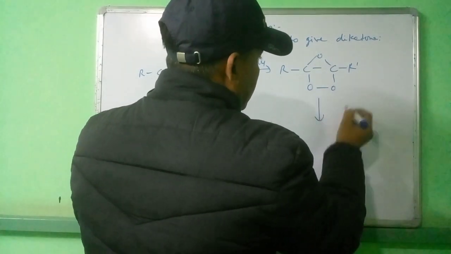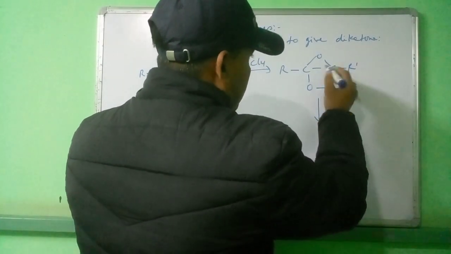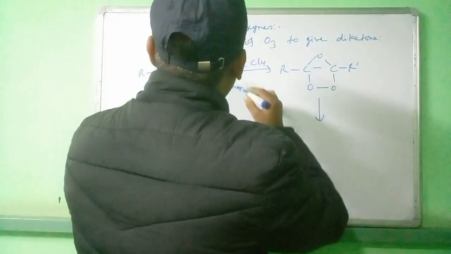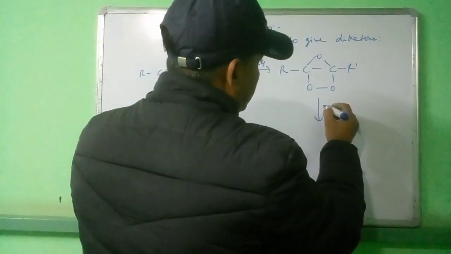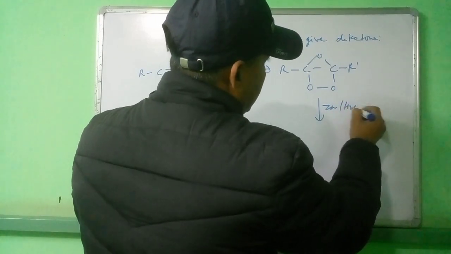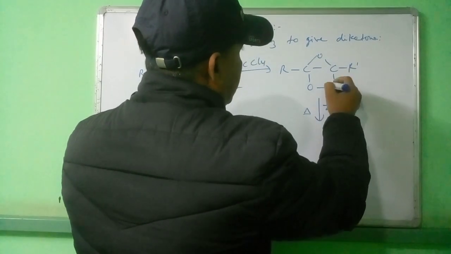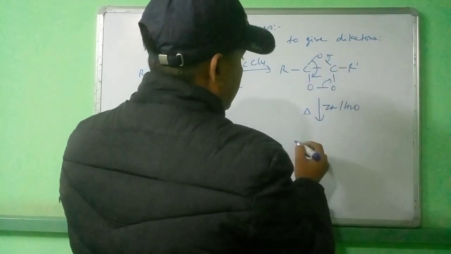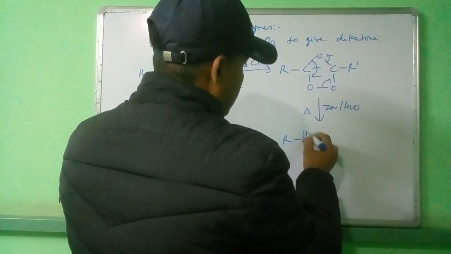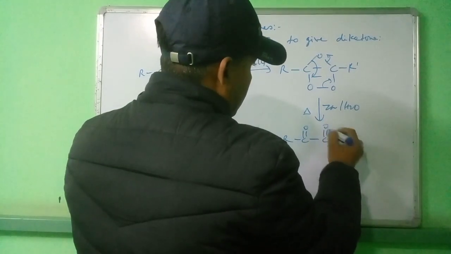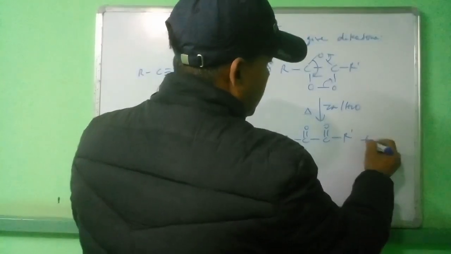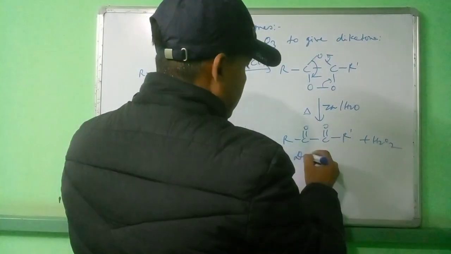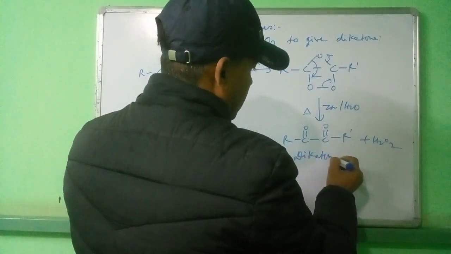Now this ozonide decomposes into diketone. Zn, water on heating, here this type of bonding shifted, we get the R prime plus hydrogen peroxide, diketone.